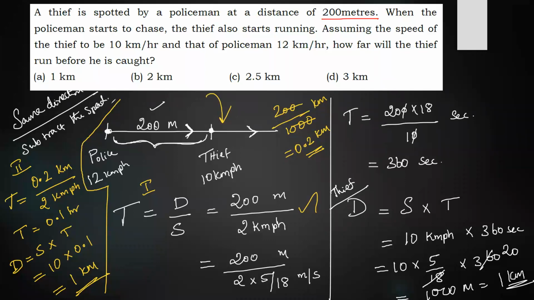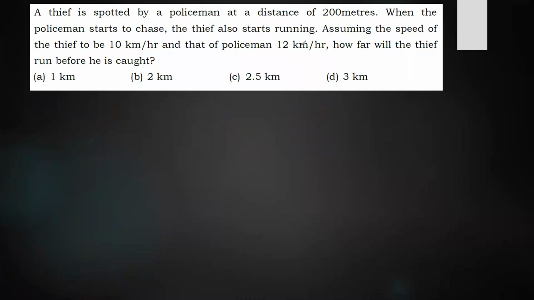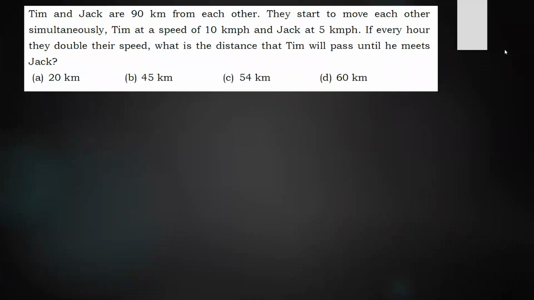Others, you can try the next question, question number 16. Yes, Siddharth. Good. Done. Okay, I clear this page and we'll move to the next question.